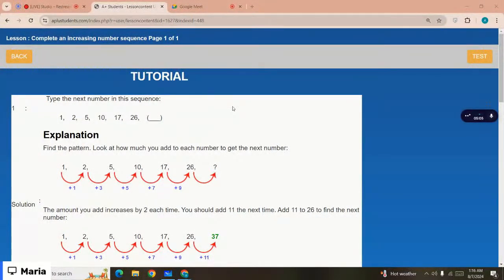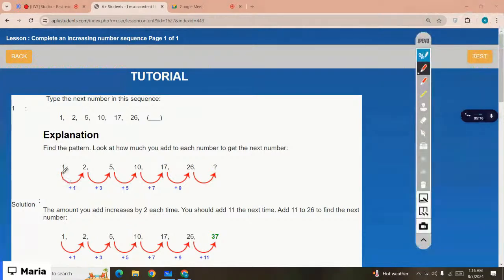So when the sequence is growing, let's look at the first example. The numbers are 1, 2, 5, 10, 17, and 26. Let's look for the pattern. 1 plus 1 makes 2, then 2 plus 3 makes 5, then 5 plus 5 makes 10, and 10 plus 7 makes 17, and 17 plus 9 makes 26.